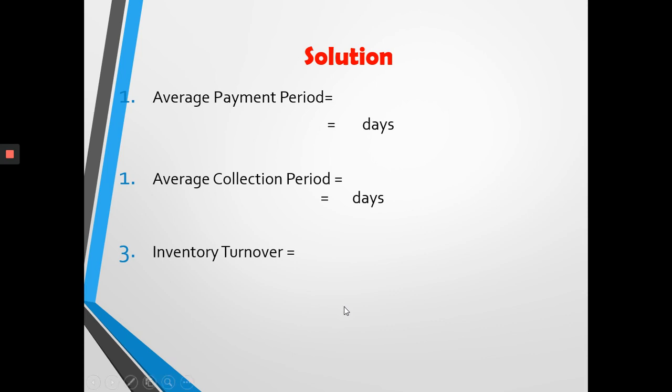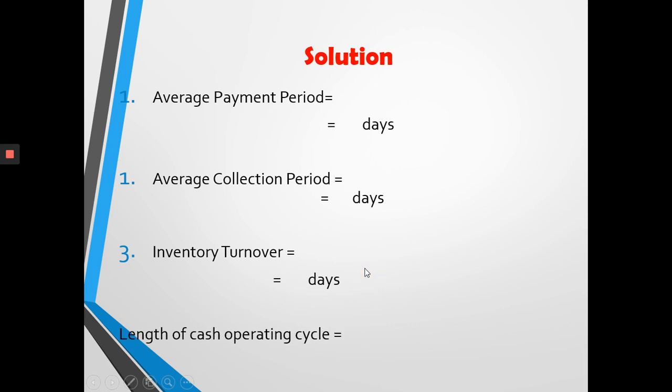Your inventory is 92,500 divided by your cost of sales, which is 210,000 times 365 days, which should give you 161 days. So remember, for payment period you're using purchases, for inventory turnover you're using cost of sales, and here for collection you're using sales.